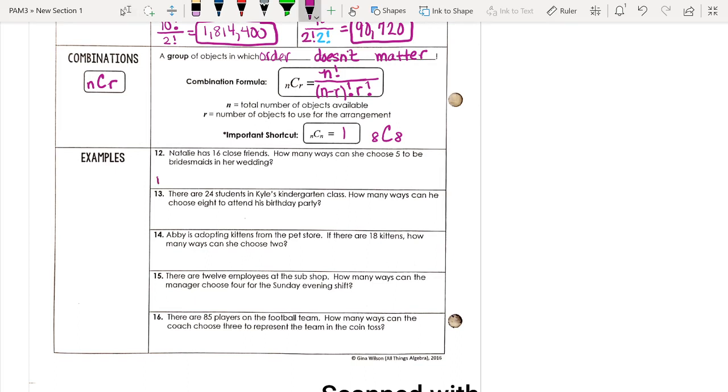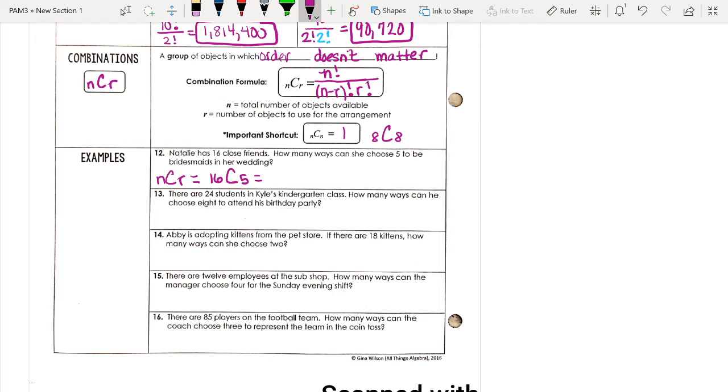So we're going to do N C R. N is the total number of friends I have to choose from. I have 16 friends. C, and how many of those friends am I going to choose to be bridesmaids? I'm going to choose 5 of them. So we have N C R. Let's fill into our formula.